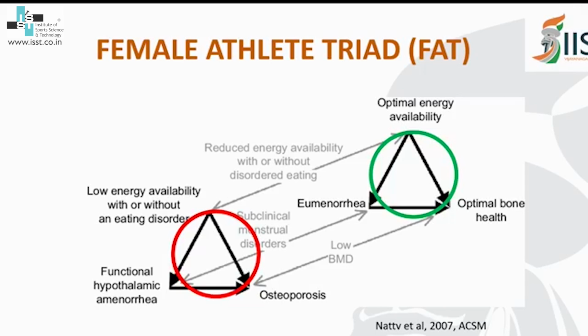We would see a direct impact on the hypothalamus function, causing amenorrhea, where there's a loss of stimulus for the hypothalamus to stimulate the pituitary gland, to stimulate the uterus, and less release of progesterone and estrogen, which is responsible for normal menstruation. As a result, an athlete would show signs of low bone mineral density and fall into the category of osteoporosis.